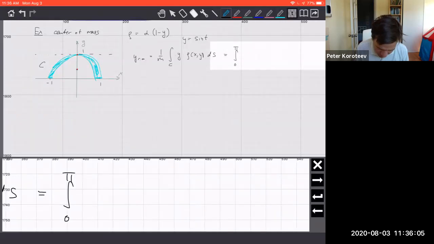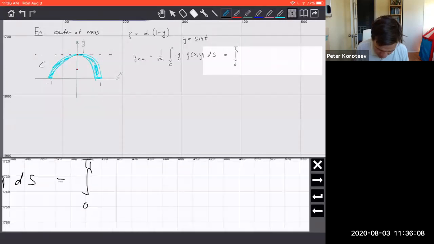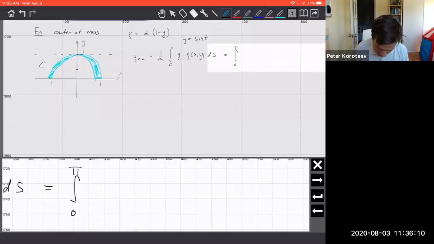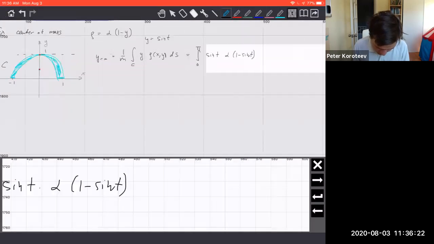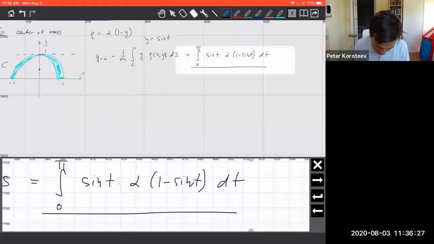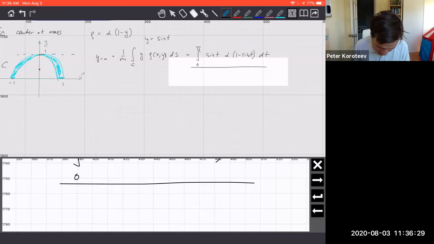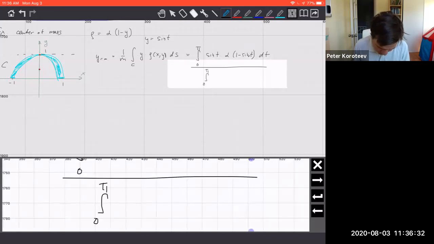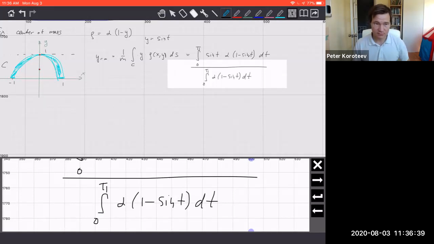We'll also need to calculate the mass, so we'll do both integrals at the same time. The numerator is the integral from 0 to pi of sine t times alpha times 1 minus sine t dt. The denominator is the mass, which is just the integral of the density, the integral from 0 to pi of alpha times 1 minus sine t dt.